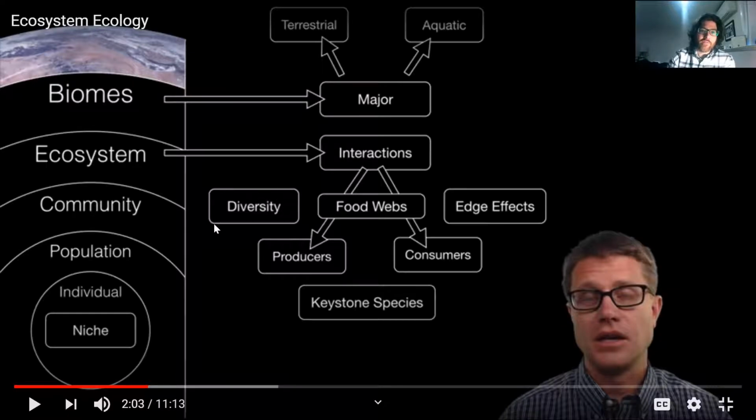We are going to talk about how diversity can be affected by the disappearance or introduction of keystone species, how diversity relates to having a certain number of producers and a certain number of consumers, and how every organism in a food web has a niche, where if it were removed, there would be these ripple effects, which he calls edge effects, and I'm going to call ripple effects, because I see it more as a drop creating a wave that affects other things further away from it. Okay, so that is sort of an overview of what we're doing.